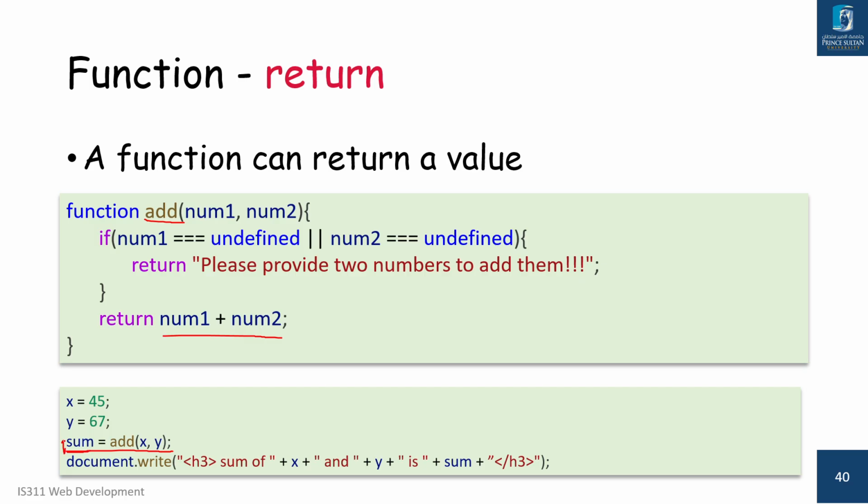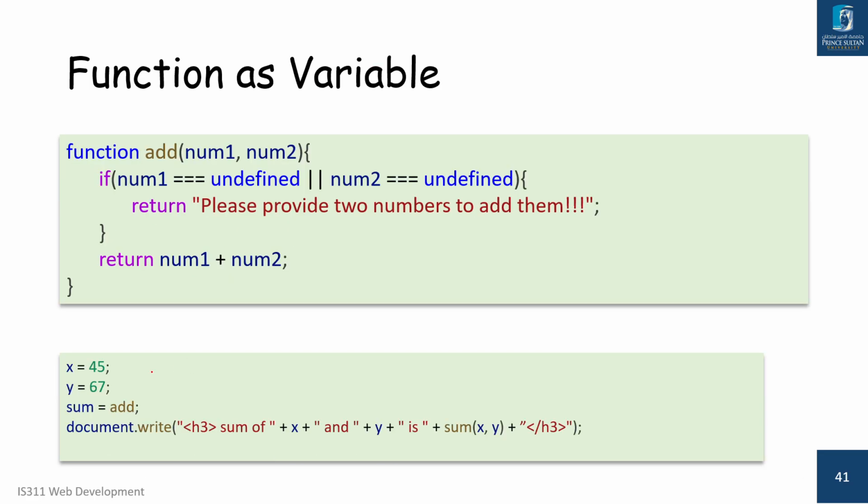So we are creating another variable sum, and whatever is being returned by this method, we are saving in the sum. So we can use those three different variables to print a message on the screen, and again it will print the same message on the screen. Function as a variable: here we have defined an add method, then we define these two x and y variables, and now we say sum is equal to add.